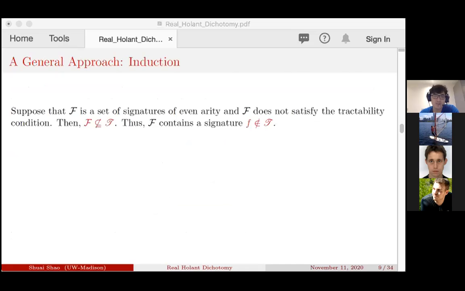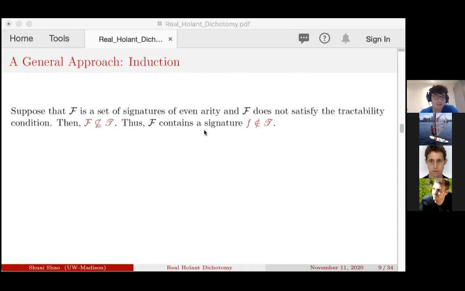When the signature set script type contains a signature of odd arity, as we have said, a dichotomy is already proved. So we only need to consider the case that the signature set consists of signatures of even arity. And we suppose that this signature set does not satisfy the tractability condition, because otherwise we already know that it's tractable. Since it does not satisfy this tractability condition, this signature set is not a set of tensor products of binary or unary signatures.